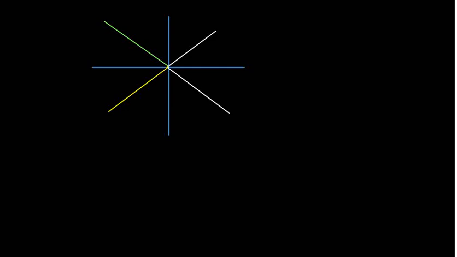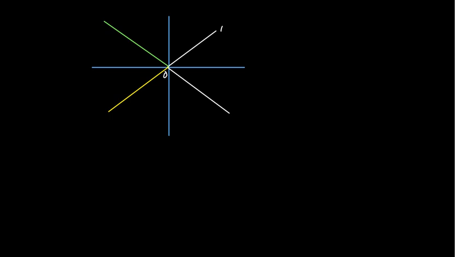So this is the origin, and let's call this line OA, this is OB, this is OC, and this line is OD. OA is in the first quadrant. OB is in the second quadrant.